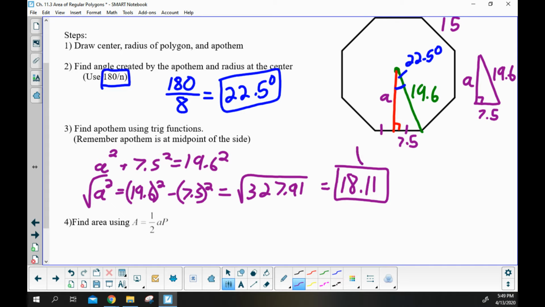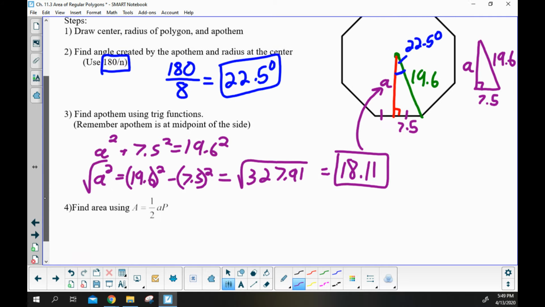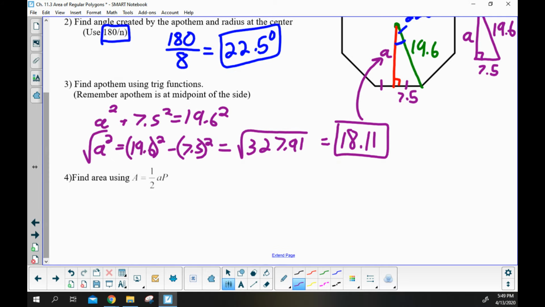I'm going to draw my little arrow up there for that. So now I can actually solve for the area of the whole thing. In this case, my area is equal to 1/2 the apothem, which is 18.11, times my perimeter.